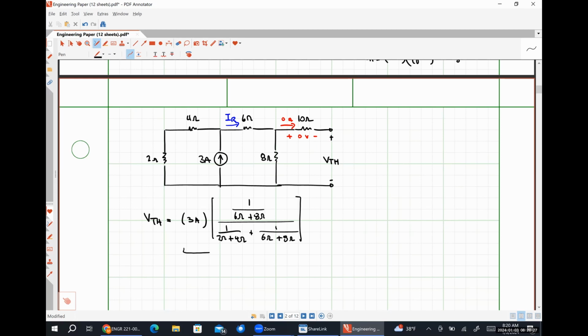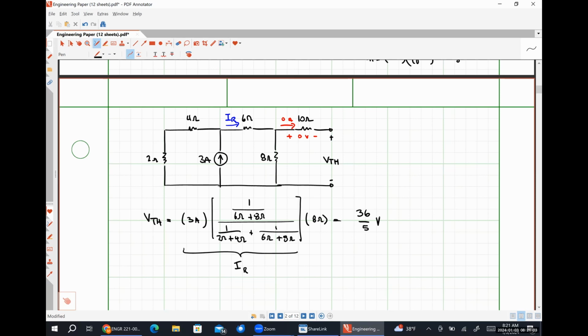So this part right here is giving me the current IR. And now I'm just going to multiply this by 8 ohms, which will give me the voltage that I'm looking for. So let's throw this into my calculator and make sure that I'm thinking about things correctly. 1 over 14, over 1 over 6 plus 1 over 14, times 8 is 36/5 of a volt. Did everything in a single calculation.